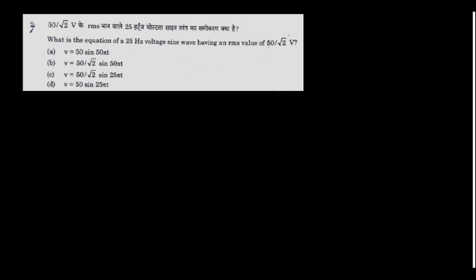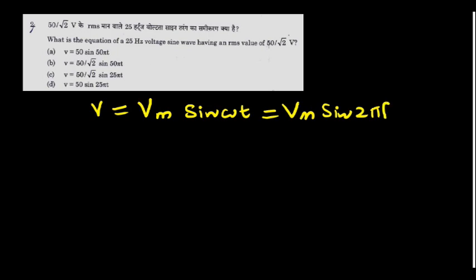What is the equation of a 25 Hertz voltage sine wave having an RMS value of 50 upon root 2 volt? Usually the equation for AC is V equal to Vm sine omega t, that is Vm sine 2 pi f t. Here Vm is the peak value of AC, but he has given the RMS value.